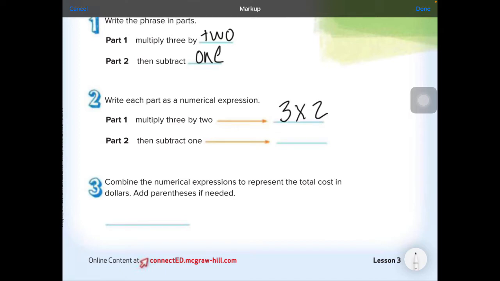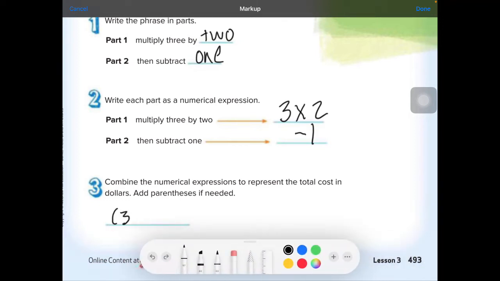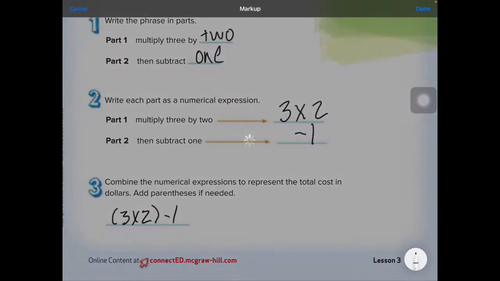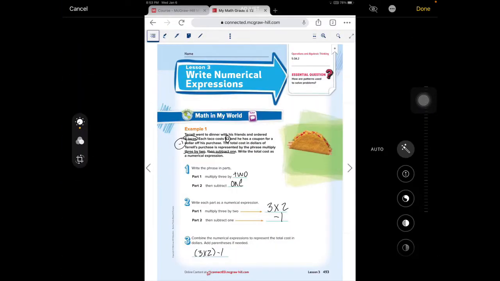Then subtract 1. Subtract 1. So now we combine it with parentheses if needed. Since we need to do the 3 by 2 first, we're going to put it in its own special little group with parentheses, times, parentheses, minus 1. There we go.